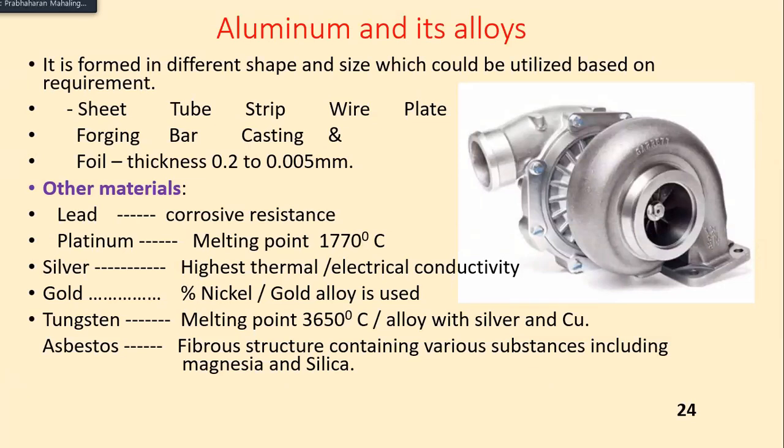Gold alloy with a percentage of nickel is used. Normally we do not utilize gold because it's very expensive, therefore we use nickel as an additional metal to make alloys. Tungsten's melting point is 3650 degrees centigrade. Tungsten is utilized for electric bulb filaments, alloyed with silver and copper.